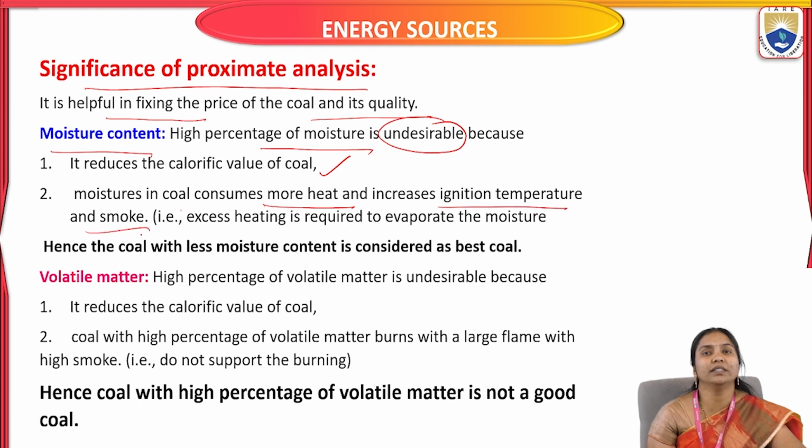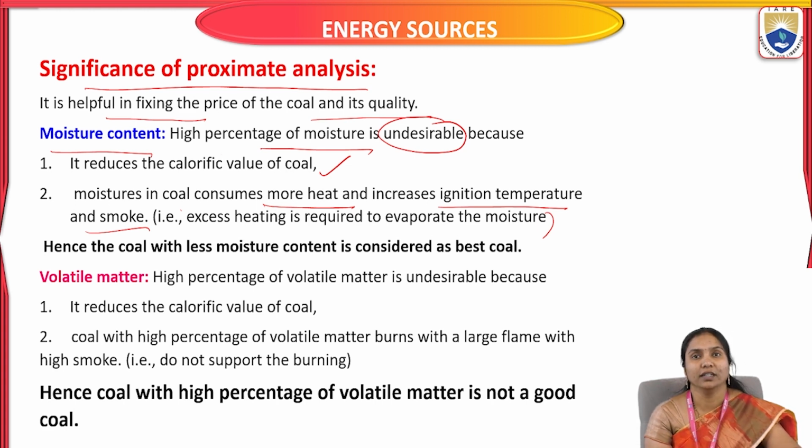also. So that means excess heating is required to evaporate the moisture. More heat is required for the burning process, it produces more smoke, and it increases the ignition temperature also. It causes fire hazards mainly. So if a high percentage of moisture is present in coal, that coal is undesirable because it reduces the calorific value, consumes more heat, and increases ignition temperature and smoke.